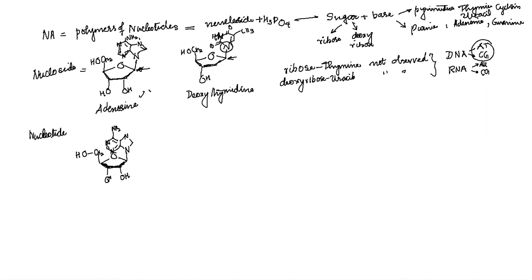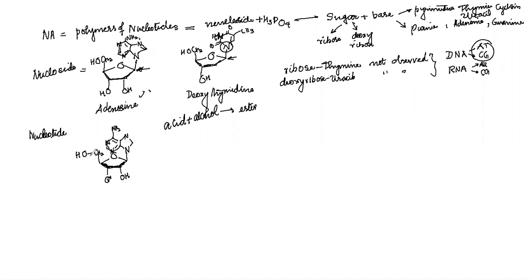So this is adenosine. Now let us combine this with a phosphoric acid molecule. Now let us look at the chemistry of it. An acid will react with alcohol to give an ester. This is what is going to happen here.